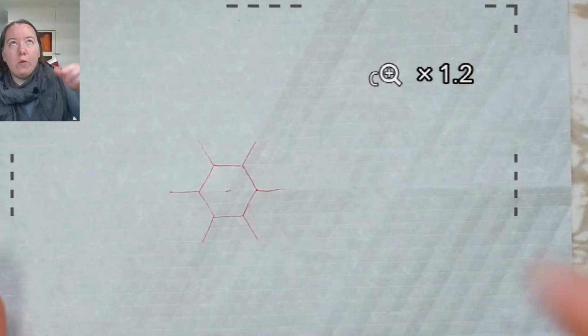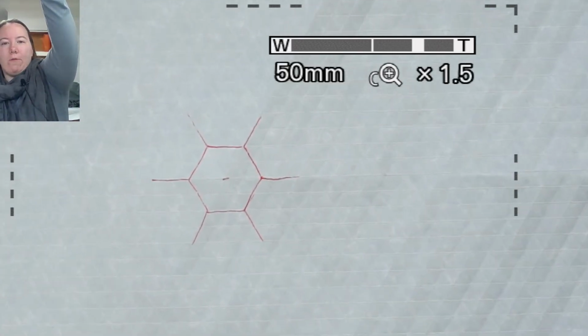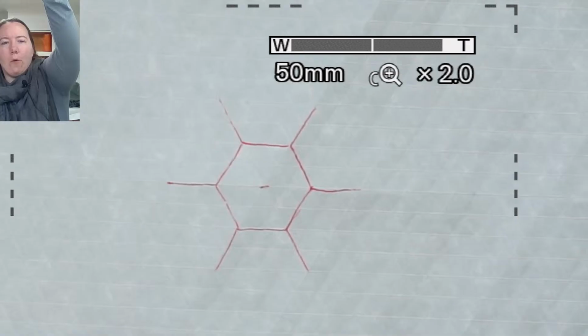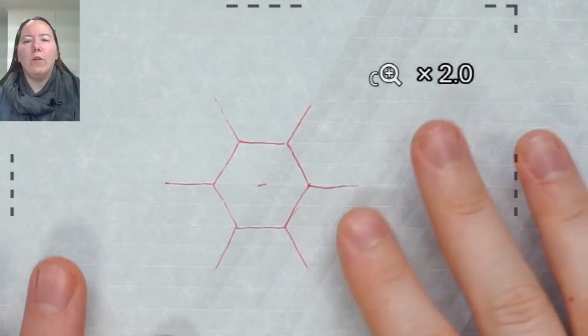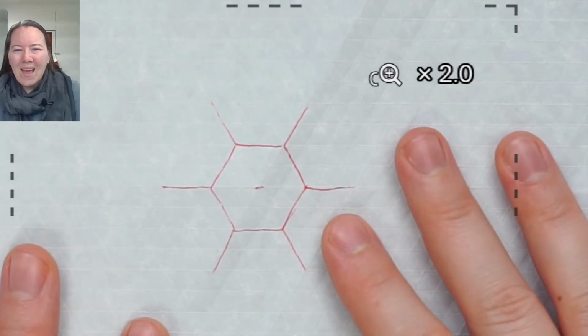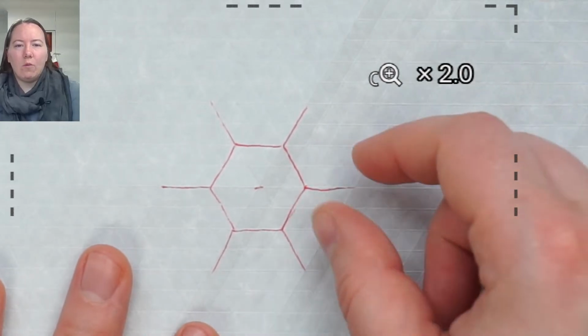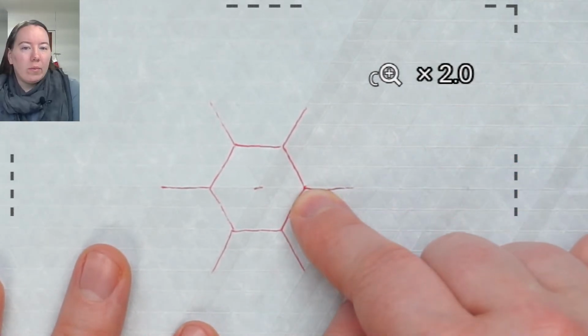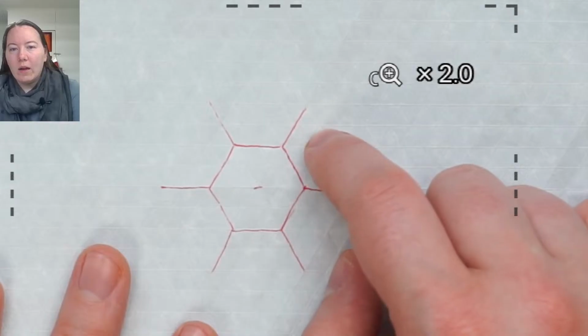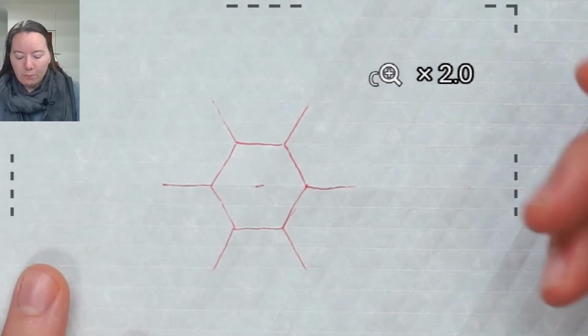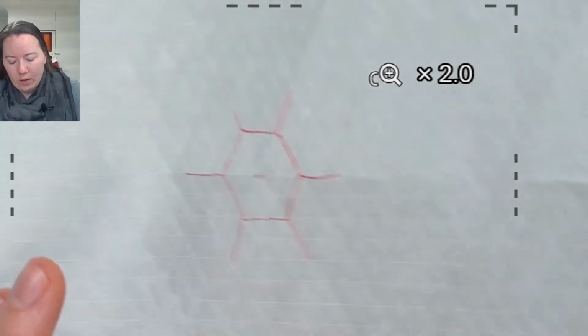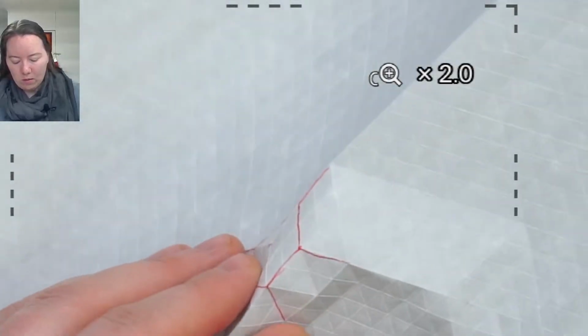So what I just drew on is the mountain folds for the 6 central equilateral triangles. And it doesn't really matter at this stage whether this one in particular is right-handed or the other one is right-handed. We're just going to pick one.